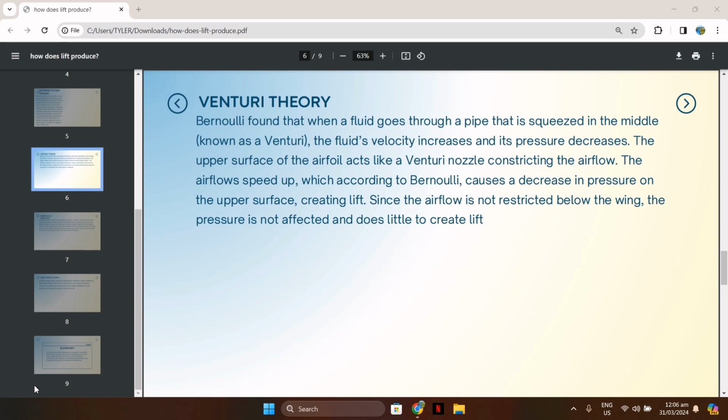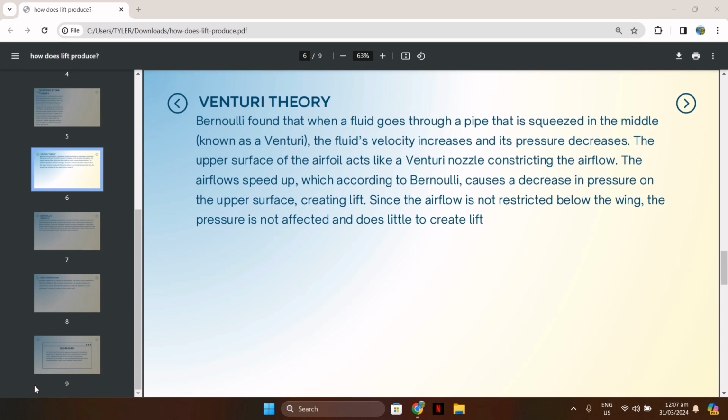According to Venturi's theory, the Venturi effect as applied to aerodynamics explains how the shape of an airfoil, such as an airplane wing, creates lift. When air flows over the curved upper surface of the wing, it accelerates due to the curved shape, similar to how fluid accelerates through a narrow portion of a pipe.